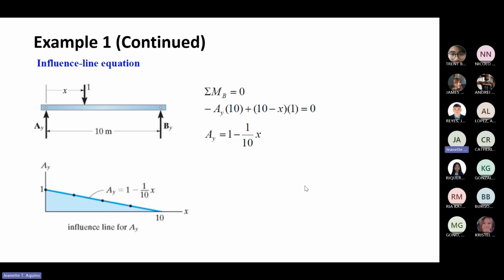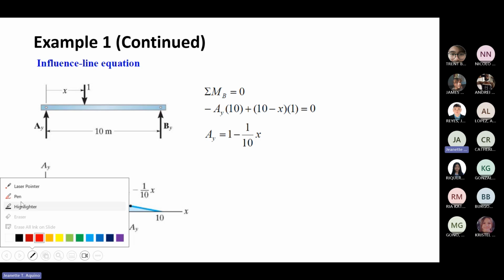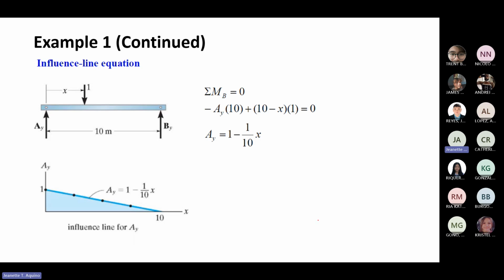You use the Müller-Breslau principle. Let's draw. So the Müller-Breslau principle tells you to remove the reaction, right?